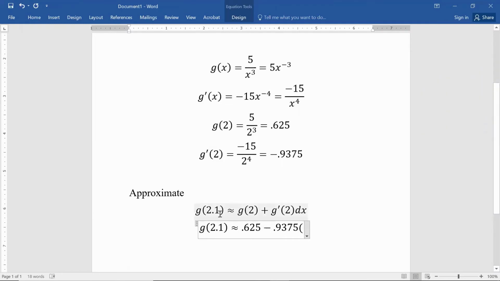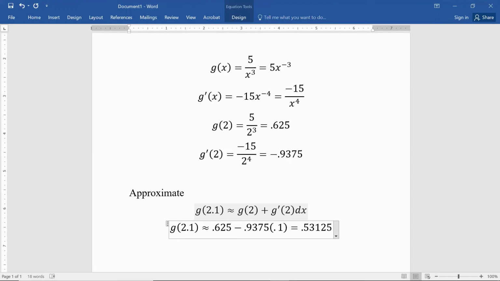Now, from 2 to 2.1, the change in x is 0.1. We can calculate that. 0.625 minus 0.9375 times 0.1 gives out a value of 0.53125.